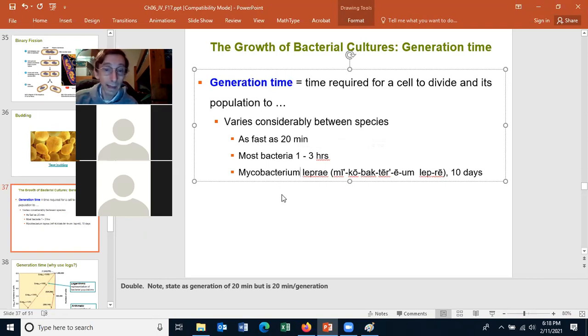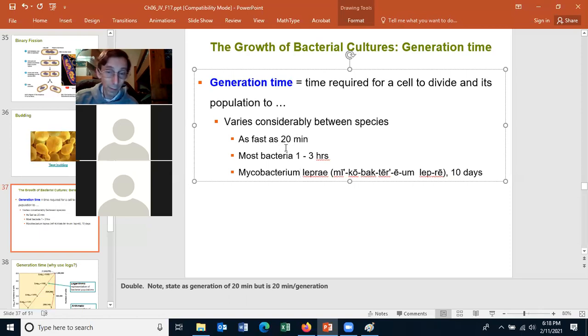Now, when we say the generation time is 20 minutes, we mean 20 minutes per generation, and that per generation is often implied. Remember that it is time: 20 minutes per generation. It is not something like miles per hour, meaning a unit per time.